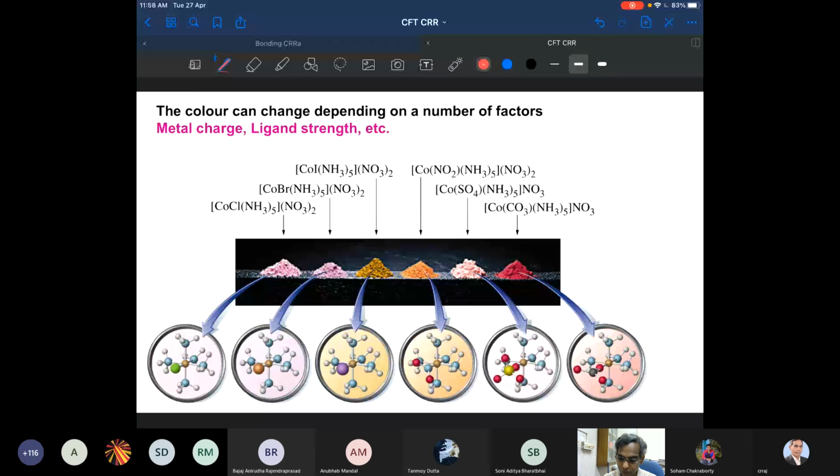Sir, wouldn't that be predicted to be white at least? Because no light should be absorbed, since the electrons can't stay in between the eg and t2g levels.